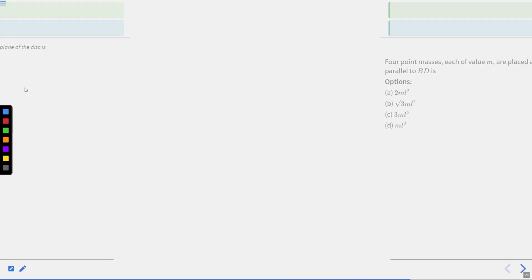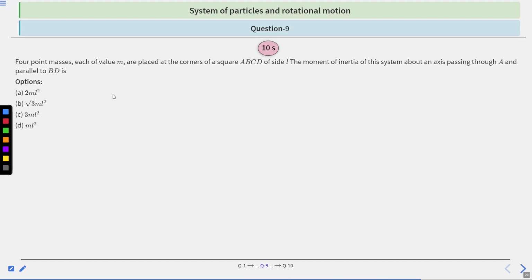Next question, question 9. Four point masses, each of value m, are placed at the corners of square ABCD of side L. The moment of inertia of this system about an axis passing through A and parallel to BD is?